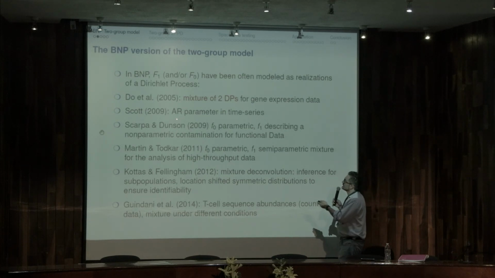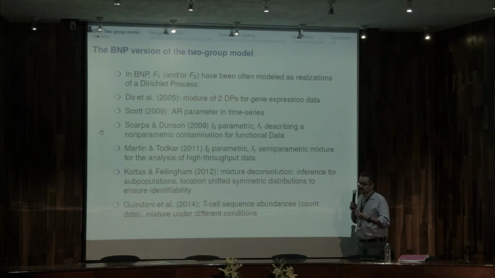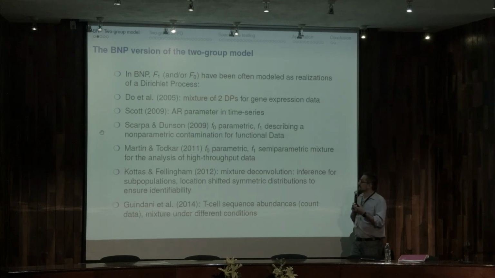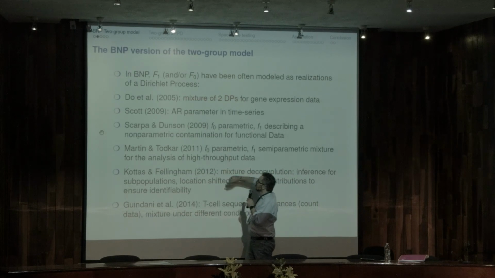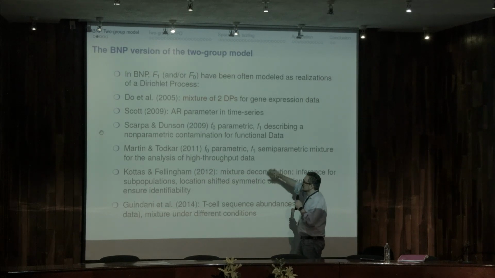James Scott, in an Annals of Applied Statistics paper, basically modeled the autoregressive parameter in time series using the same idea of a null model versus a non-null model. We have also other papers by Scarpa and Dunson where F0 is parametric and F1 instead describes a nonparametric contamination for functional data.